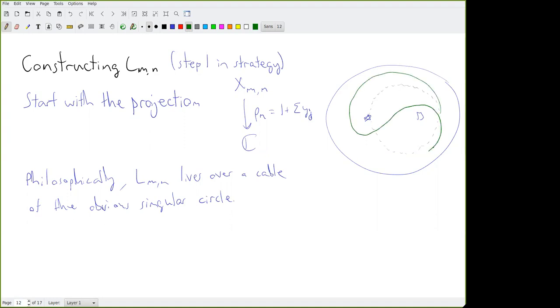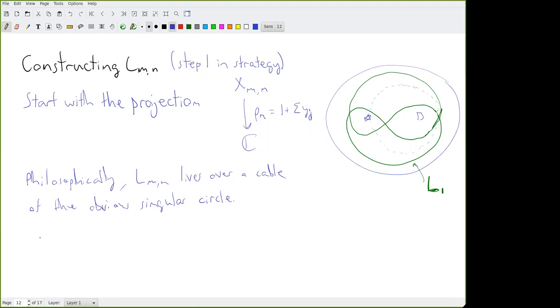It's going to, in fact, just be Seidel's Lagrangian. I'm going to give this thing a name. This we're going to call L1. This is kind of the standard one-dimensional Lagrangian.